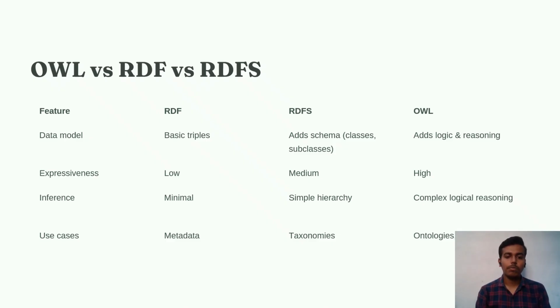OWL goes even further. It allows rich logic rules and reasoning. So while RDF and RDFS are about describing data structure, OWL is about understanding and inferring knowledge. It's like moving from a dictionary, RDF, to a taxonomy, RDFS, to a full logical knowledge base, OWL.